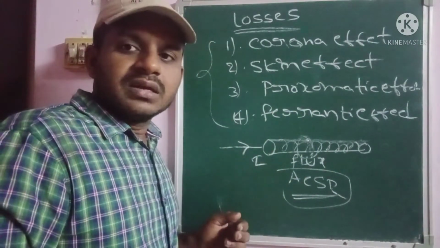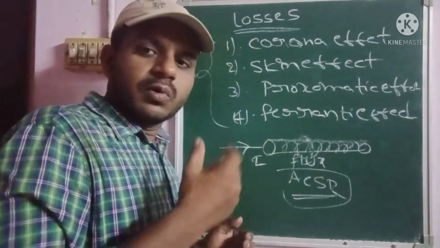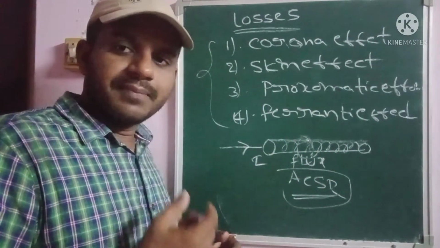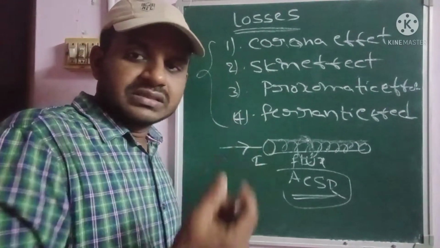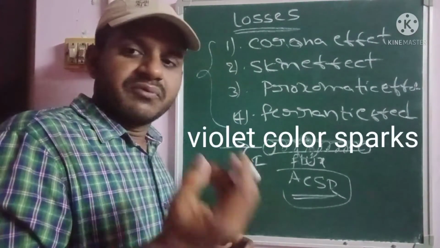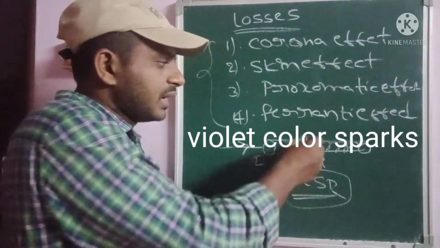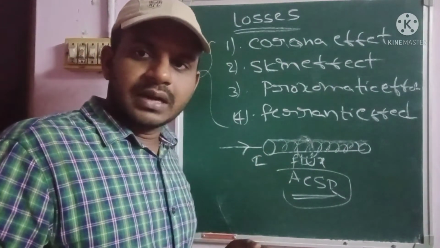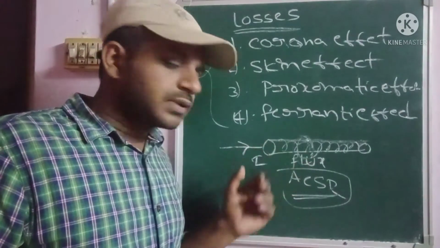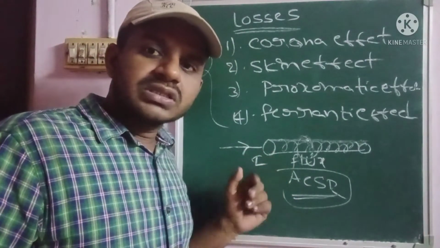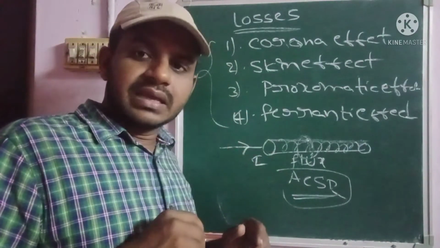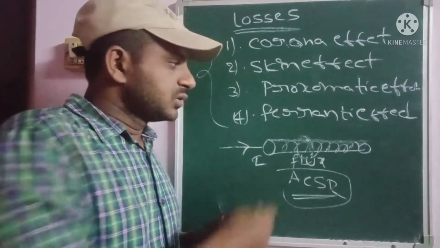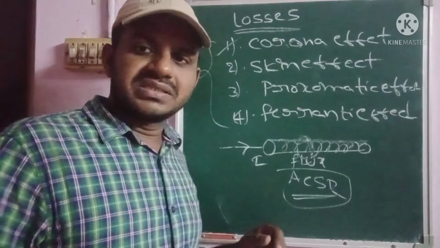As a result, a hissing noise is produced, and at that time some violet sparks appear around the conductor. These are major problems mostly occurring in remote areas. So this is the corona effect.